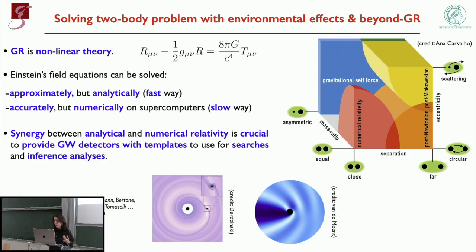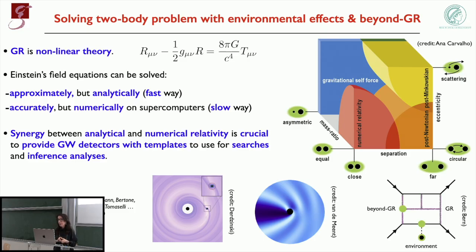Another important thing I mentioned before, some of the methods that are used to do this calculation use Feynman diagrams. So if you want to include the environmental effects due to some scalar field, or maybe you go beyond GR and you have new operators, then you have to start including new operators in this Feynman diagram.